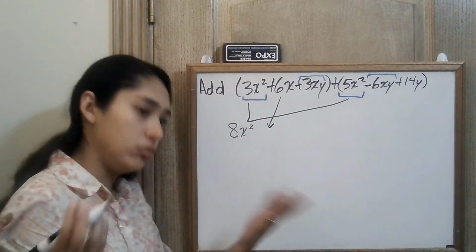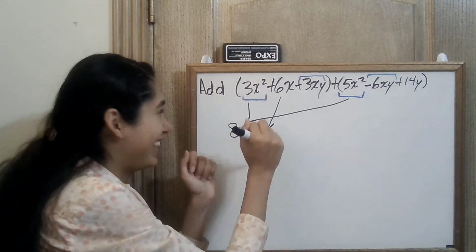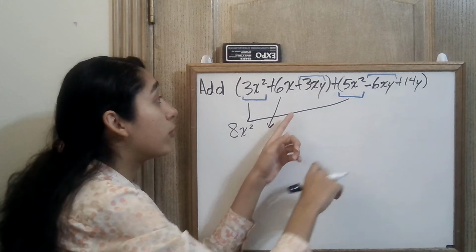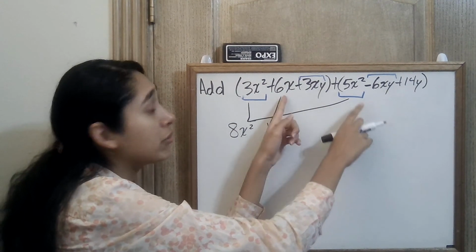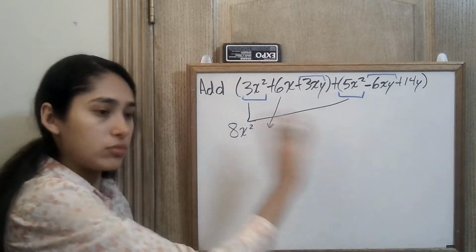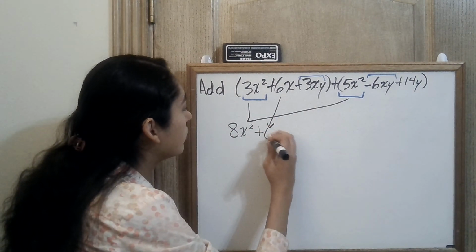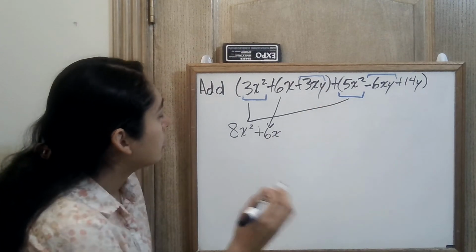Because we read from left to right, let's just attack it from left to right so we don't miss anything. I might already want to combine these two like terms, but I might forget to deal with this. So just to be very methodical, let's just drop this down. Okay. Did that.